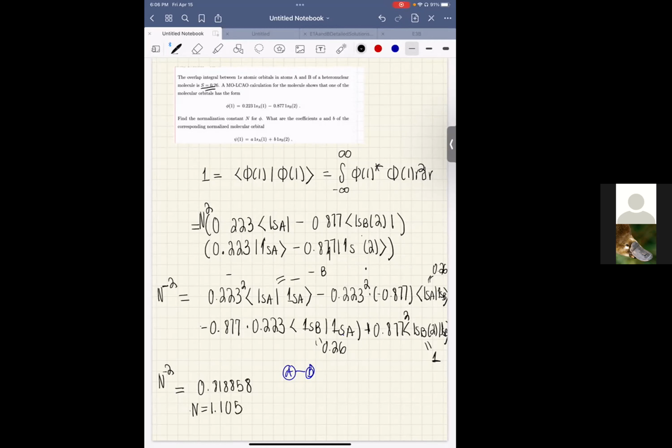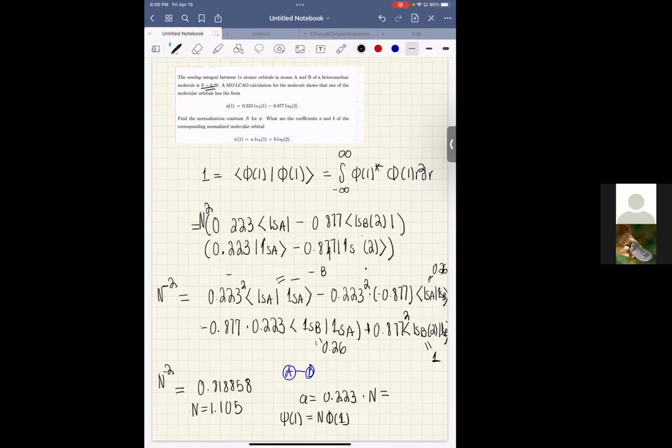And to find out what a is equal to, you just have to multiply. So a is equal to 0.223 times the normalization constant n. The reason why we multiply it is that this is equal to n over n1.